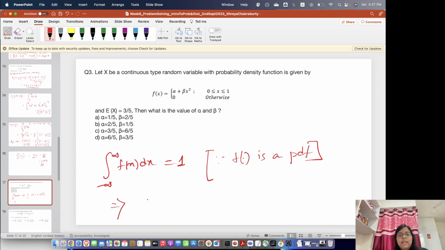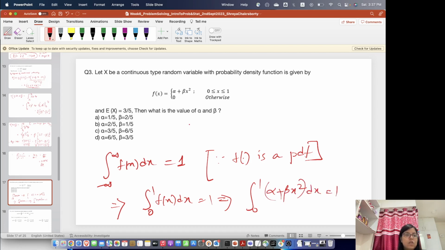What does this imply? It implies that x ranges from 0 to 1, f(x) dx should be equal to 1, which implies integral 0 to 1 of alpha plus beta x square dx should be equal to 1.